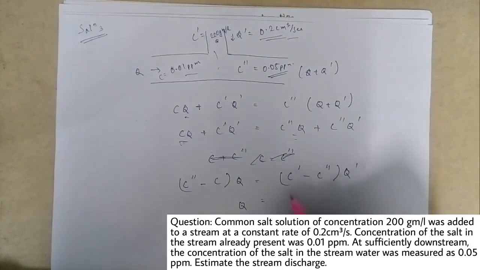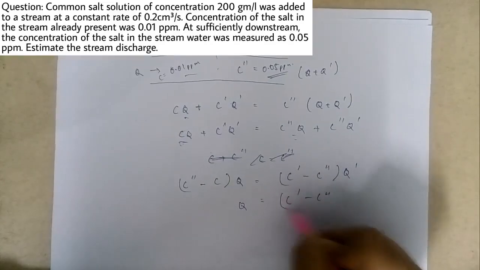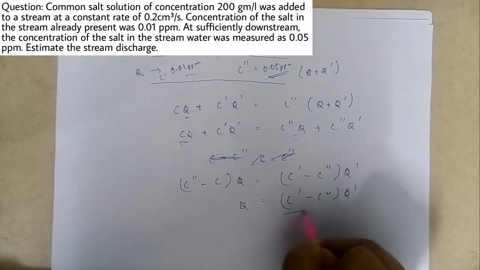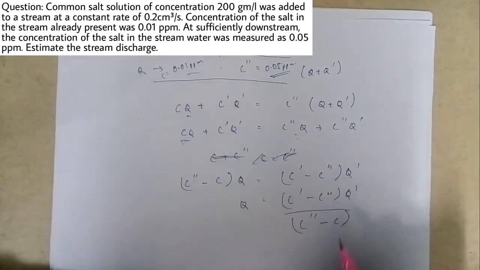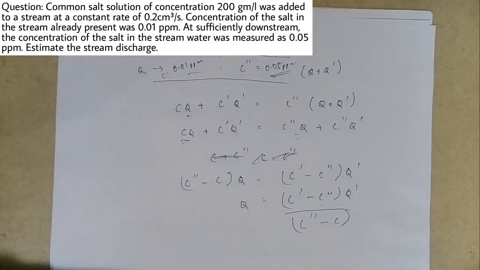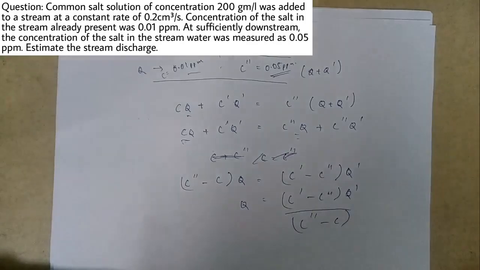That is, Q is equal to C prime minus C double prime multiplied by Q prime, divided by C double prime minus C. So this is how we will get the value of our discharge Q.